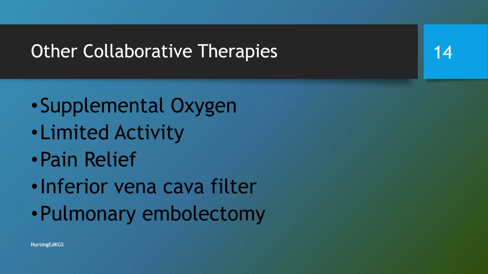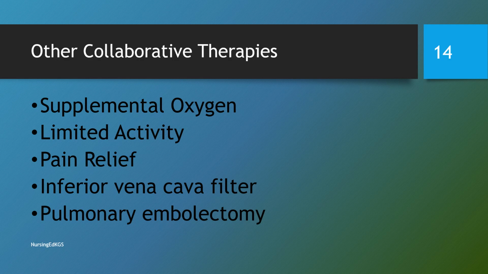Other collaborative therapies can include insertion of an inferior vena cava filter. These types of filters are placed in the inferior vena cava, and they filter blood as it passes through, and they work really well in preventing future pulmonary embolism.